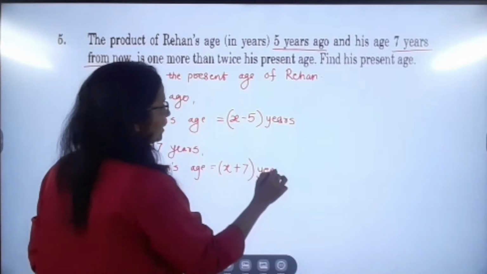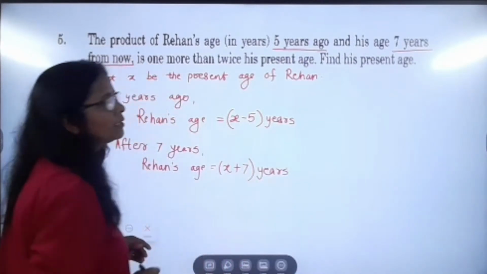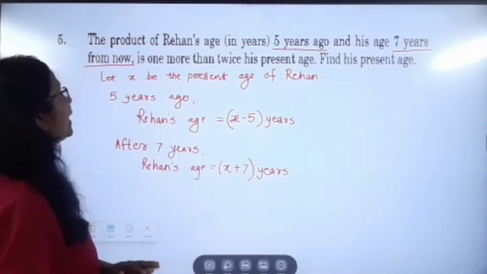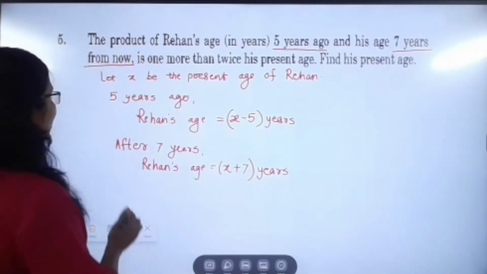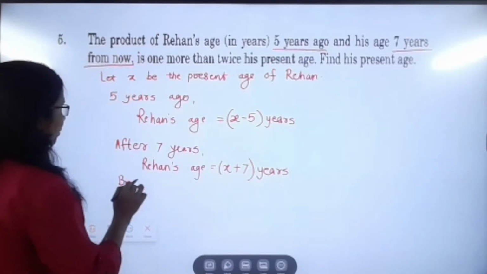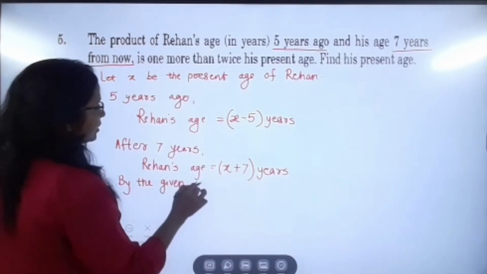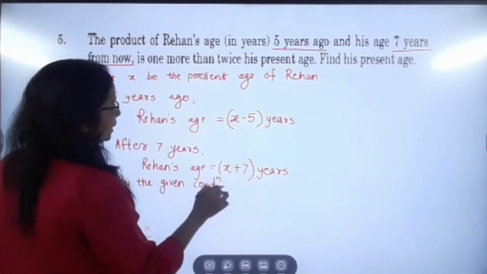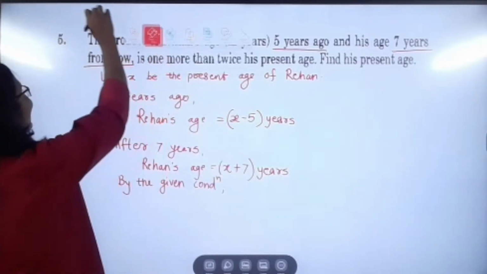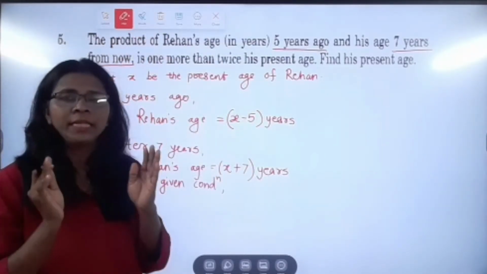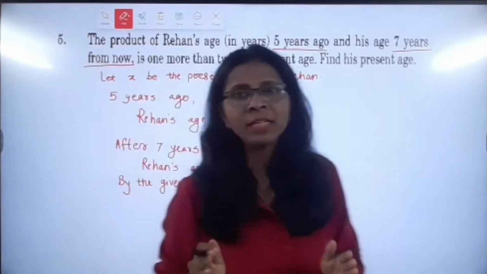After, students, means we add the 7. Okay. So now by the given condition, we can write down the equation. We find the equation by the given condition.